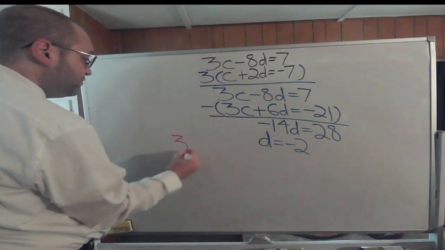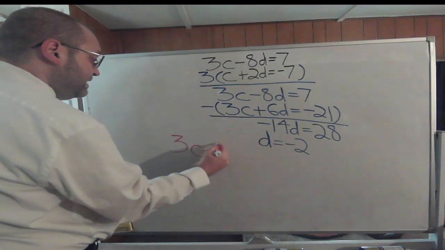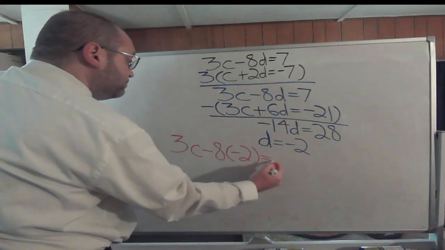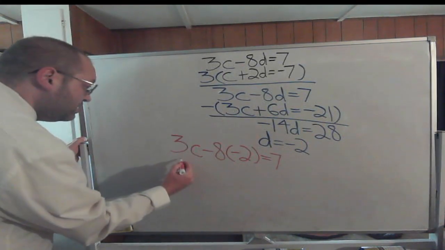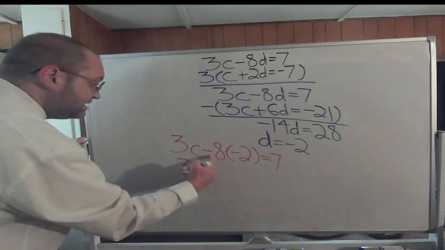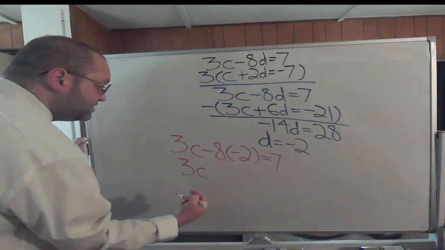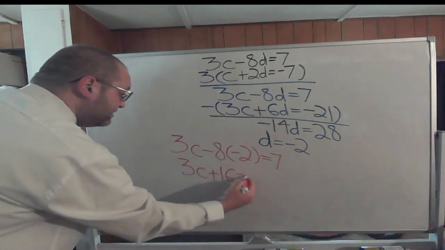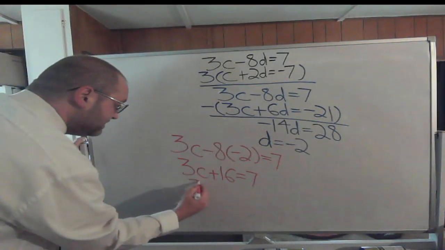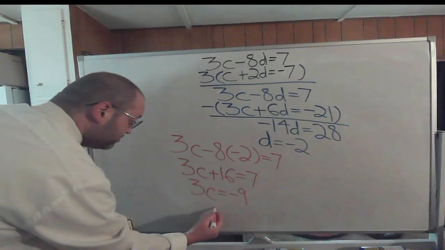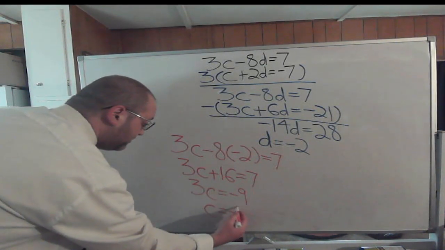So you'll have 3c minus 8 times negative 2 equals 7, which would mean you would get 3c minus 8 times negative 2. That's going to be plus 16. That'd be equal to 7, which means 3c would equal negative 9, which means c would equal negative 3.